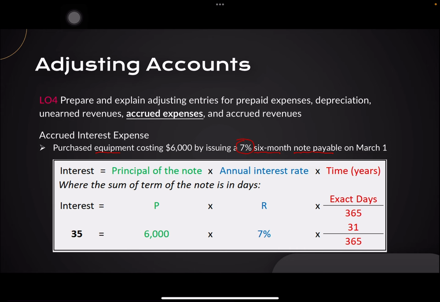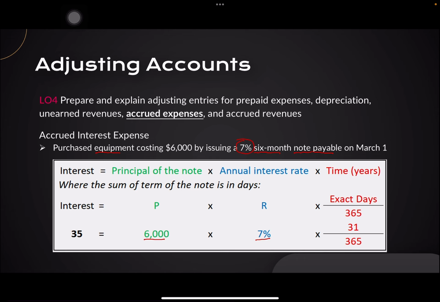But for the critical parts in getting the interest, what's important is to get the principal of the note. In this case, it is $6,000. Then get the annual interest rate, which was stated here as 7%. And get the time. Since this is a 6-month payable, we will assume that the total interest would be for half a year.